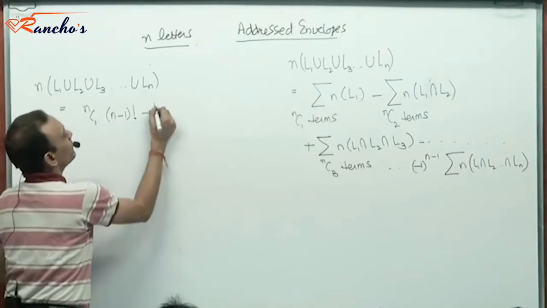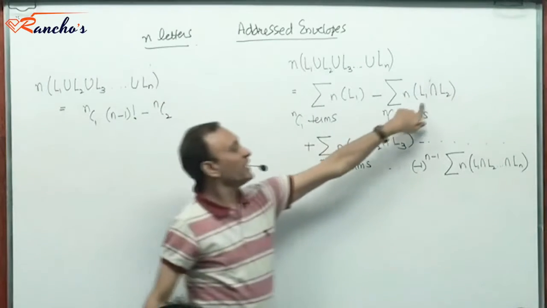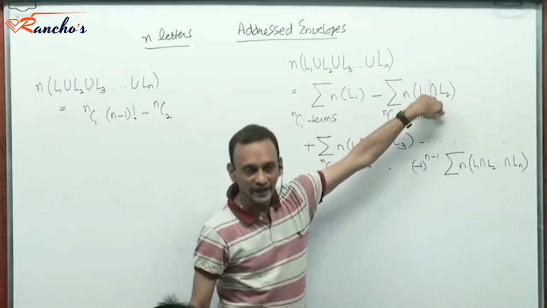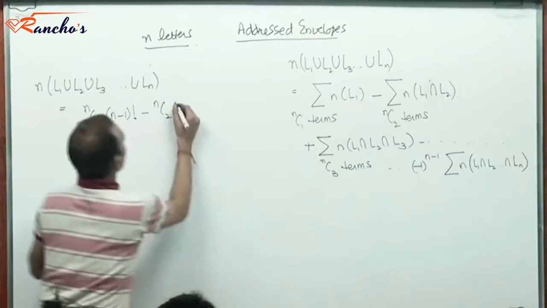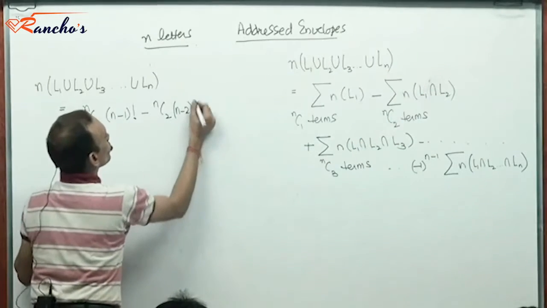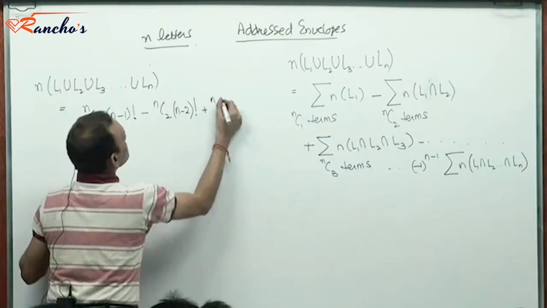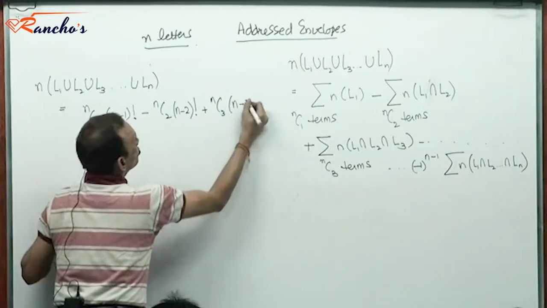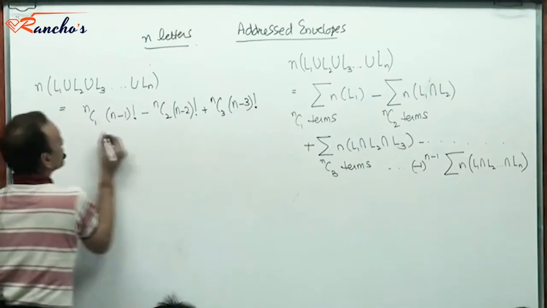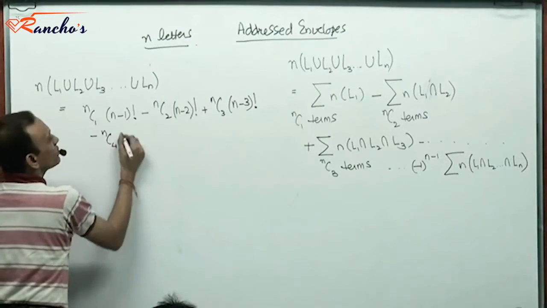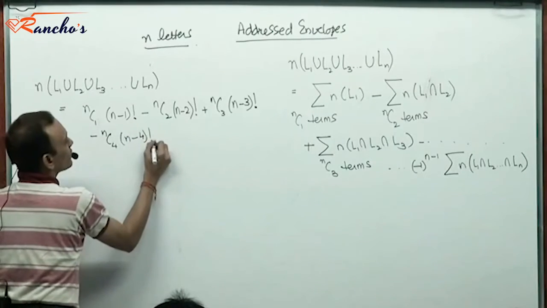The second one would be NC2 terms, each of value n minus 2 factorial. Then you will have NC3 terms, each of value n minus 3 factorial, NC4 n minus 4 factorial.